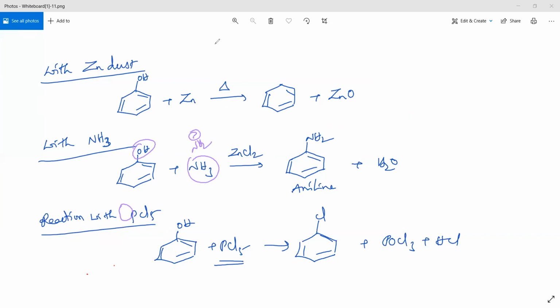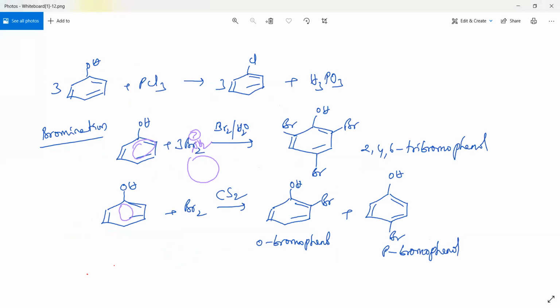Next, with PCl3: 3 moles of alcohol or phenol require 1 mole of PCl3.